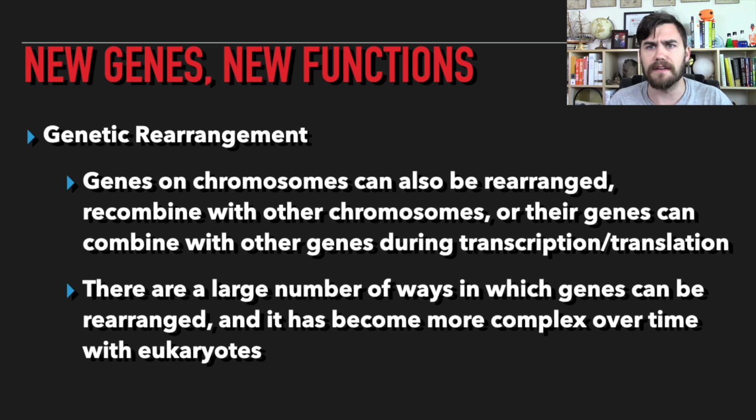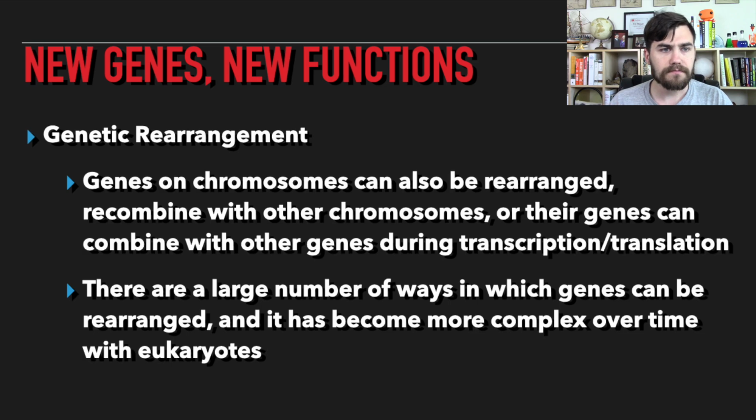Or two different chromosomes have their genes expressed, and then those genes combine with each other later on during transcription and translation. There's a huge number of ways in which genes can be rearranged. It's really complex. It would take forever to go over all of the details of this, but it's well studied by thousands of biologists over the years.